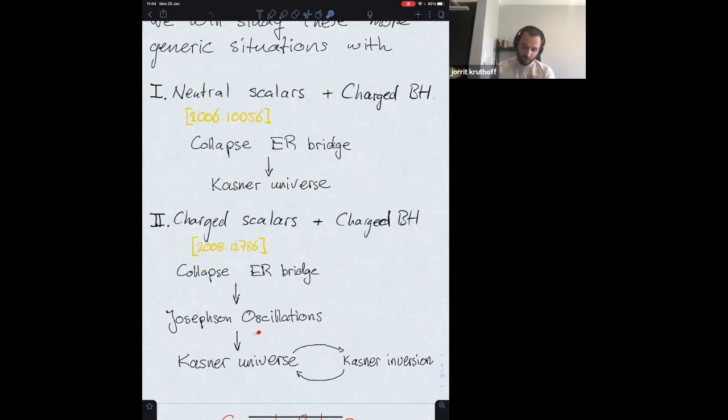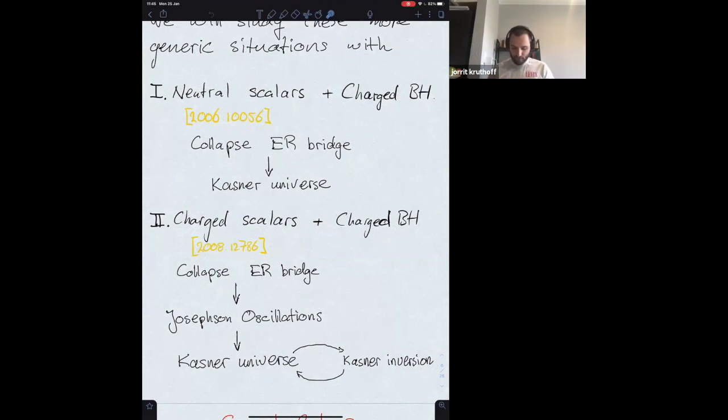And after these Josephson oscillations, the geometry again goes to a Kasner universe, but then a very interesting, very intricate interior dynamic starts to develop where the geometry can go from a Kasner universe to a Kasner universe with a different set of exponents, which we call a Kasner inversion. And so there can be certain transitions to different Kasner universes throughout the evolution inside the black hole. And we will see that this depends very, very sensitively on the temperature.